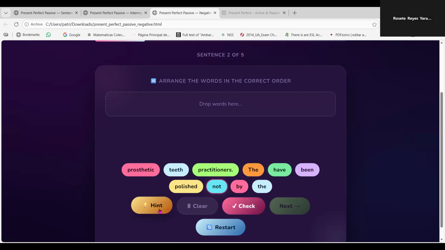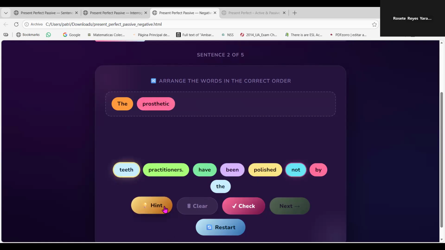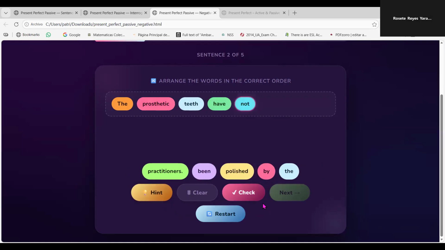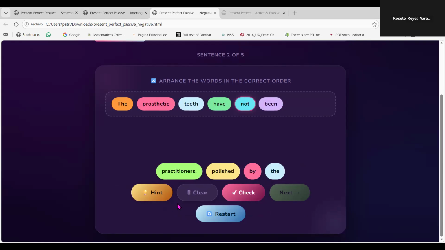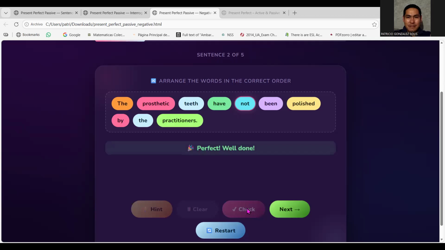The prosthetic that have not been polished by the practitioners. Yay. Well done.